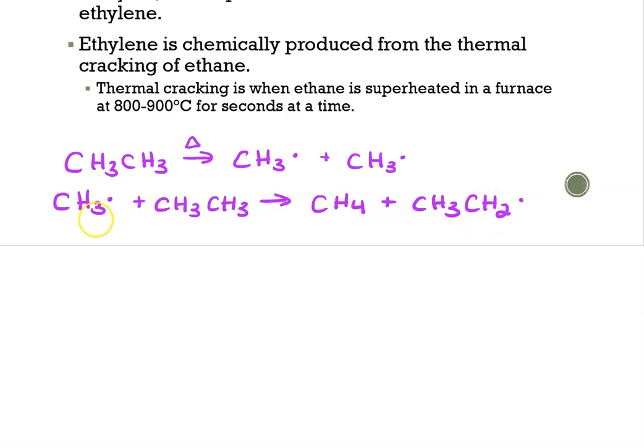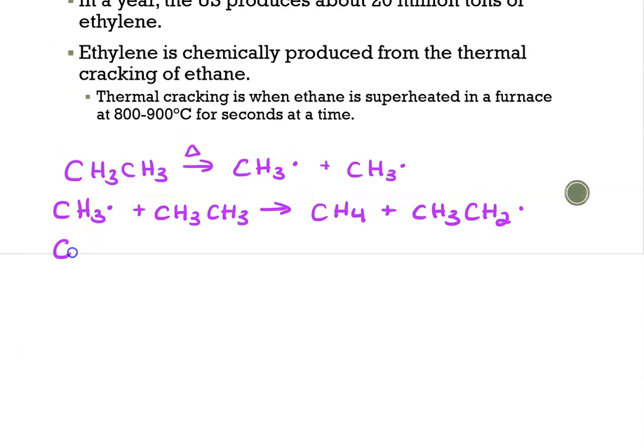Now this radical then reacts to create a more stable CH2=CH2 and a hydrogen radical.